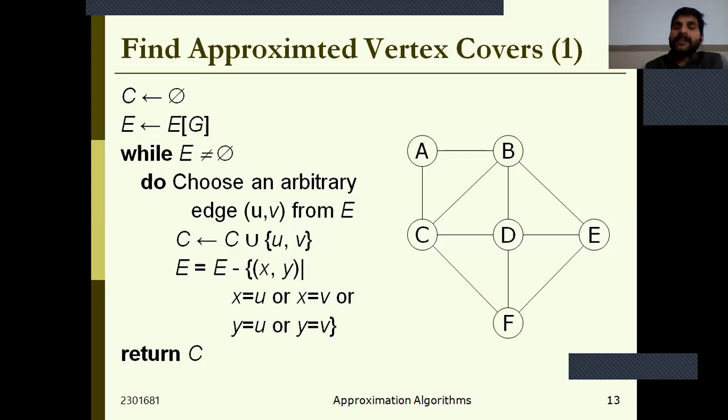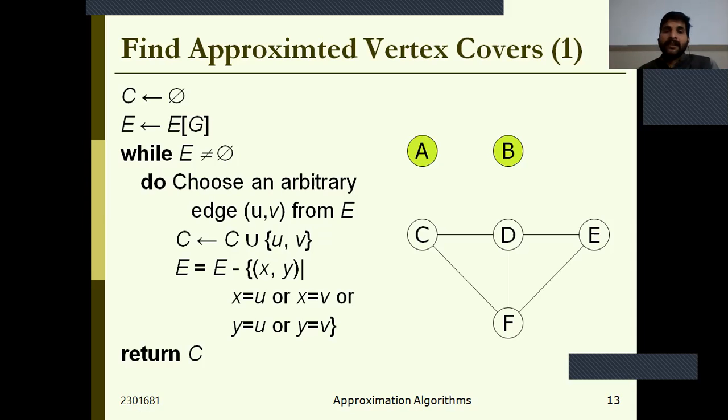So according to this algorithm, first we choose an arbitrary edge, vertices a comma b. These vertices cover the following edges like that.